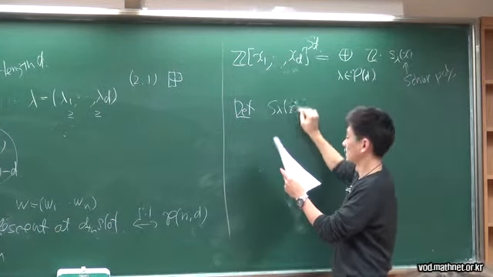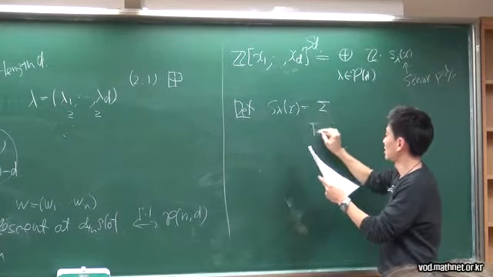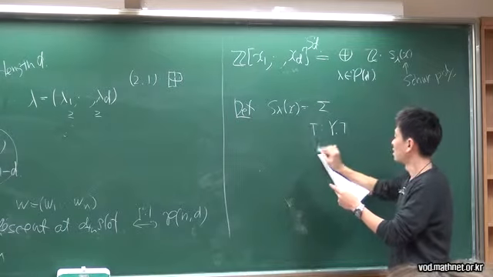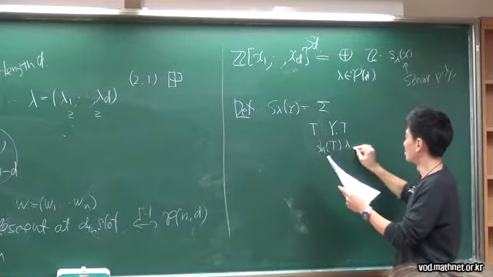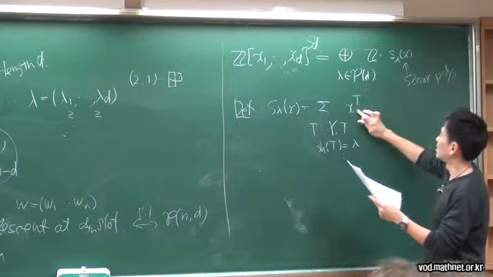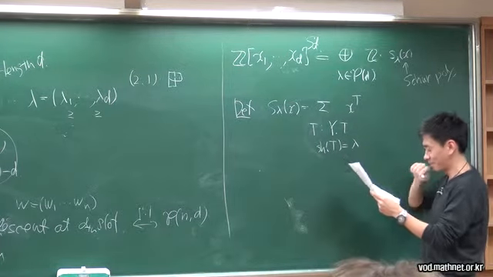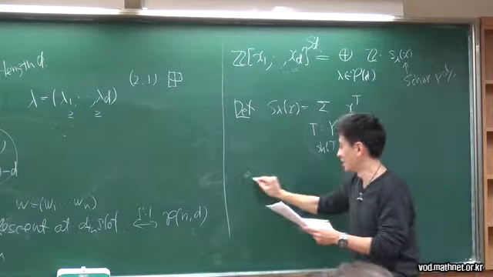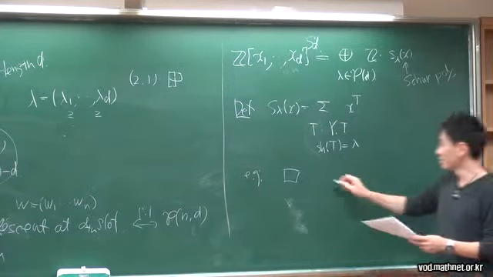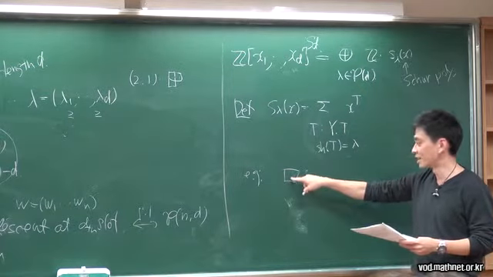There are several definitions by now, but one of them for the Schur polynomial uses Young tableaux. Let me write a Young tableau of shape lambda. Let me put an example. If you have a one-box Young diagram, the Young tableau is just a numbering of this box.